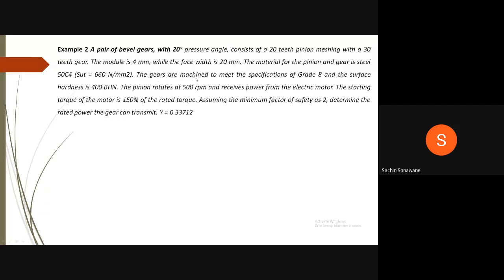The gears are machined to meet the specifications of grade 8 and the surface hardness is 400 BHN. The pinion rotates at 500 rpm and receives power from the electric motor. The starting torque of the motor is 150% of the rated torque. Assuming the minimum factor of safety as 2, determine the rated power the gear can transmit. Lewis form factor Y is equal to 0.33712.